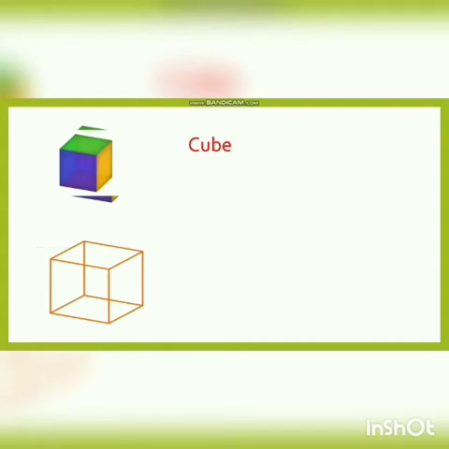For example, dice, ice cube, etc. Cube is made up of squares and each square is equal. So the length of cube is shown by small a.